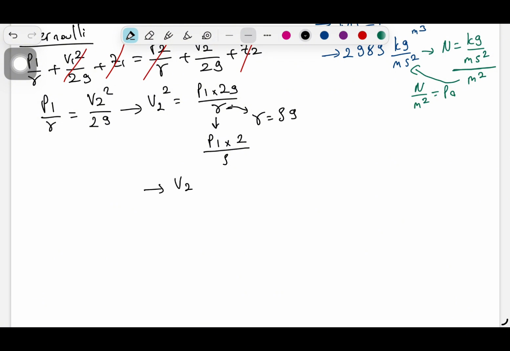So finally, V2 will be equal to the square root of 2 times pressure over density.